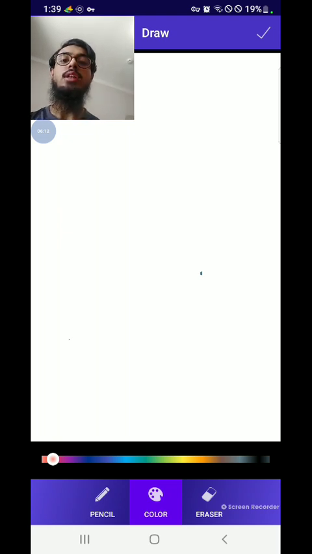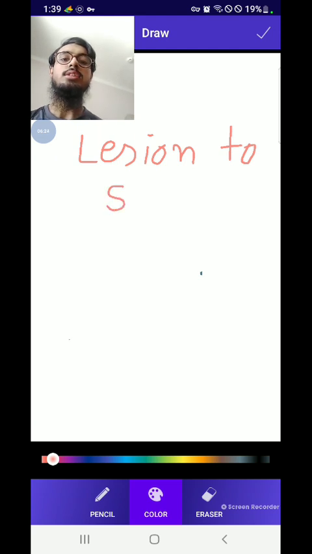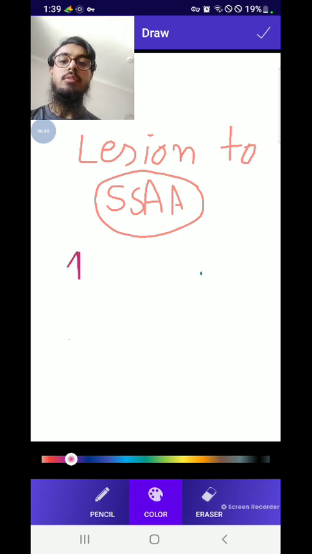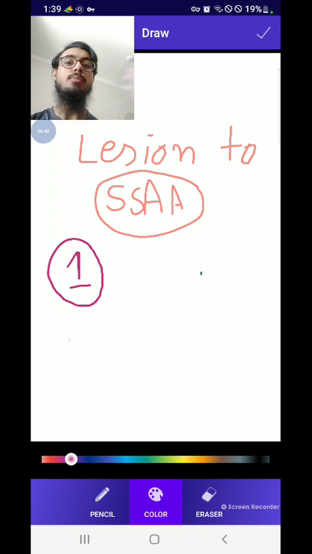Now talk about the lesion or damage to the somatosensory association area. When there is damage to this area, now I have to write number one case, and this test is also performed in the neurophysical exam of the patient related to this sensory area.